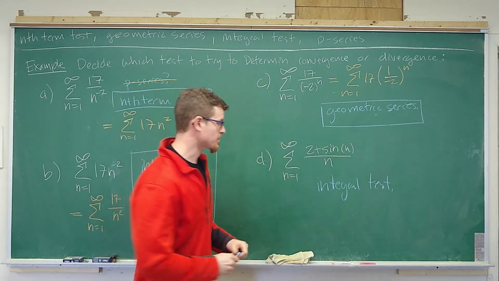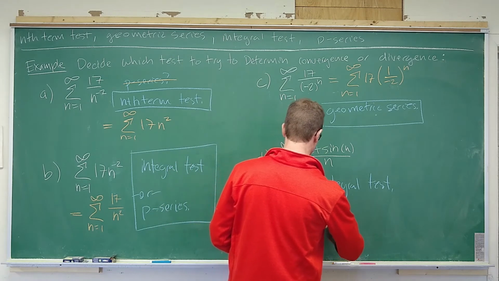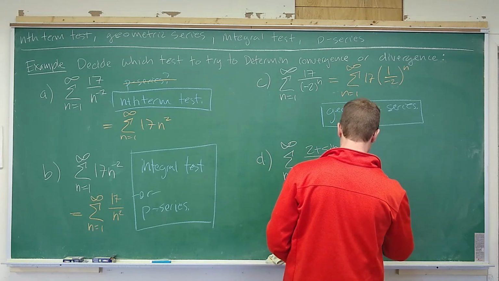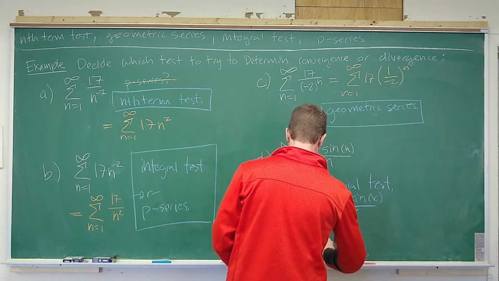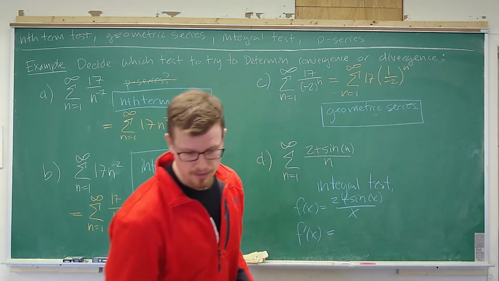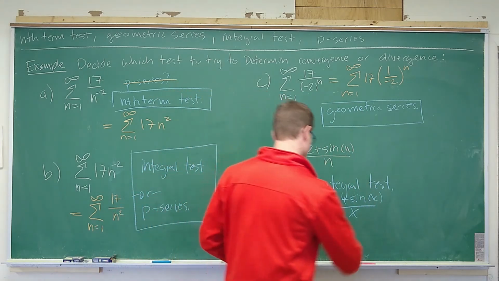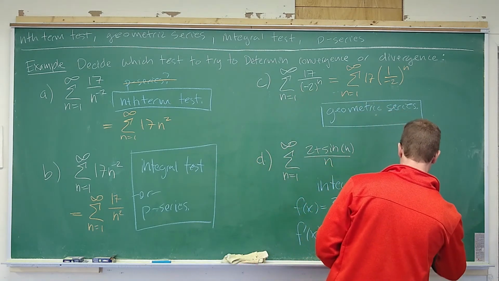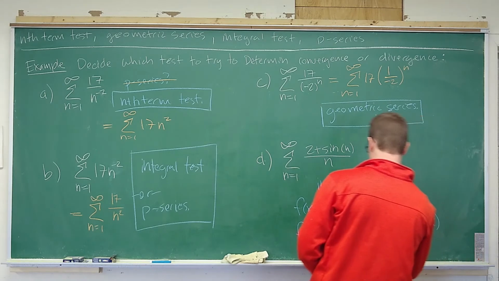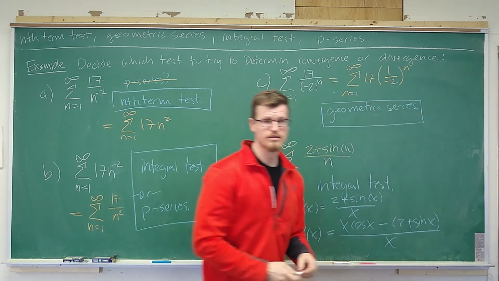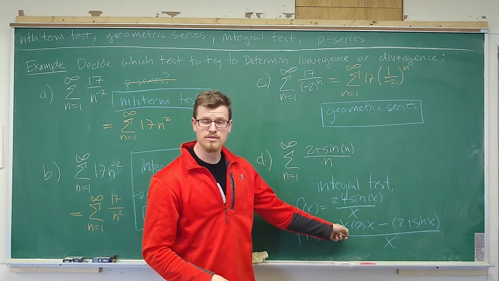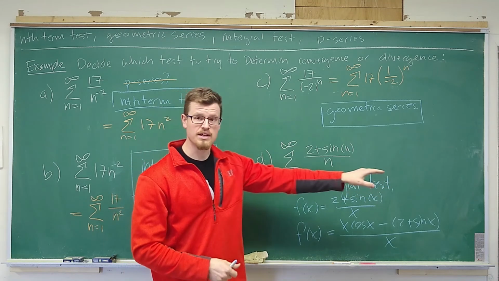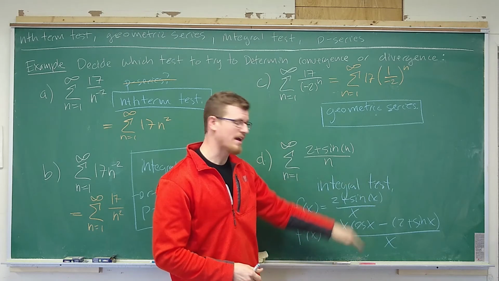However, if we were to consider the function f of x equal to (2 plus the sine of x) divided by x, we would find that its derivative would be x times the cosine of x minus the quantity 2 plus sine of x, all divided by x squared. And because we have x times the cosine of x, as we continue along the real line, looking at x values that are getting large, we'll find that this goes positive and negative.